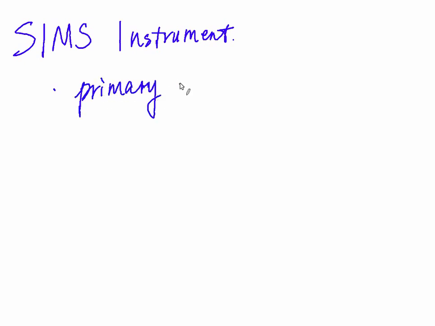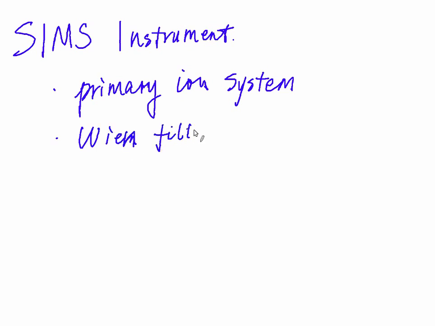Now we'll introduce a little bit about the SIMS instrument. In a SIMS instrument, there are several components. The first one is the primary ion system to generate the primary ion beam. The second is a Wien filter to filter away unexpected primary ions.